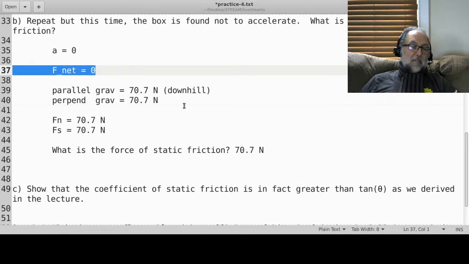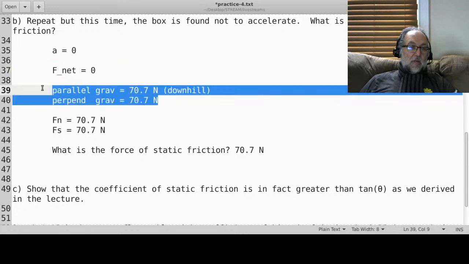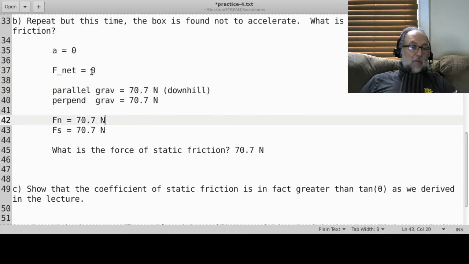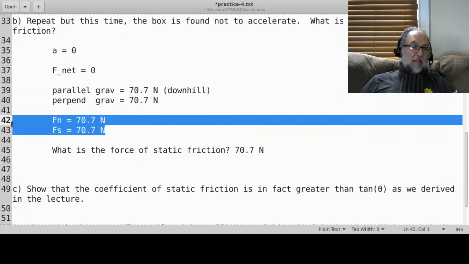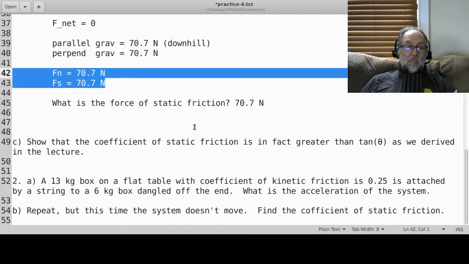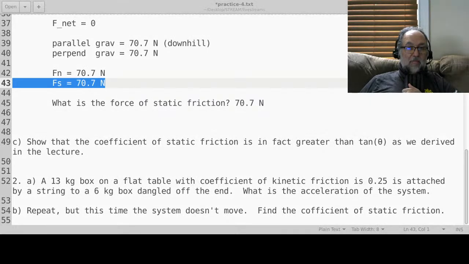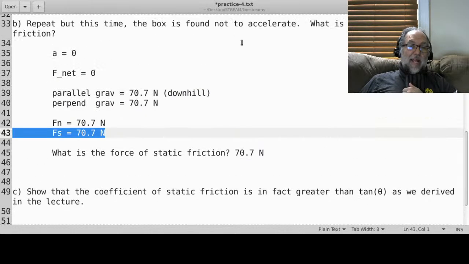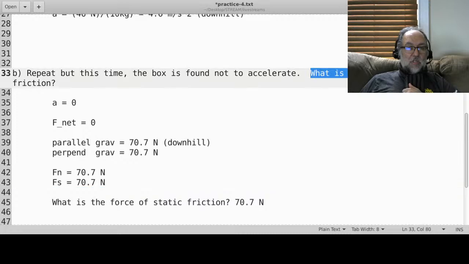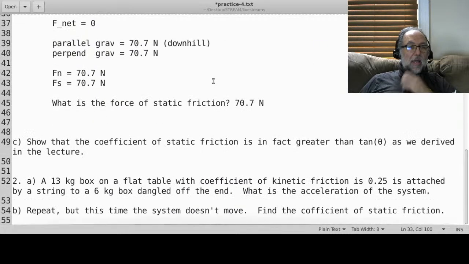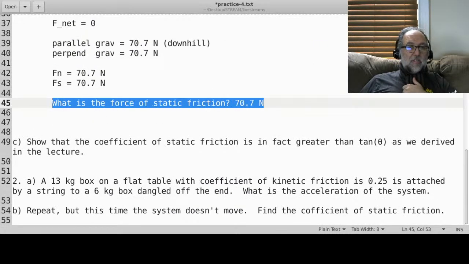So in order for F net to be zero, these two are the same. Well, then in order for this to be zero, we concluded that the normal force was 70.7 and the force of static friction was also 70.7. Okay, and so we can answer the first question. The first question is, what is the force of static friction? And it turns out that the force of static friction is 70.7 newtons, like that.